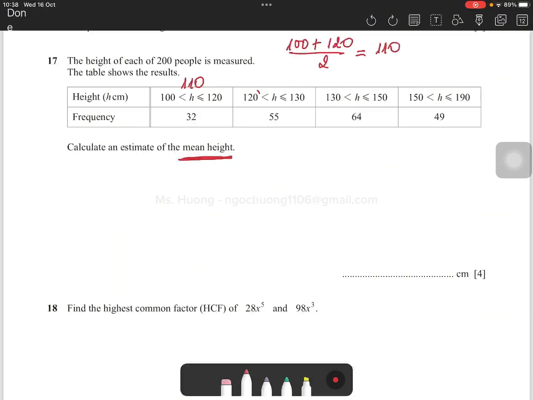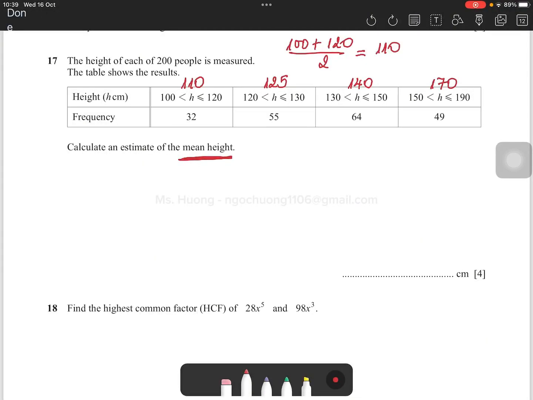And then 120 plus 130 is 250. 250 divided by 2 is 125. Similarly, 130 plus 150 is 280. 280 divided by 2 is 140. 150 plus 190 is 340. 340 divided by 2 is 170.